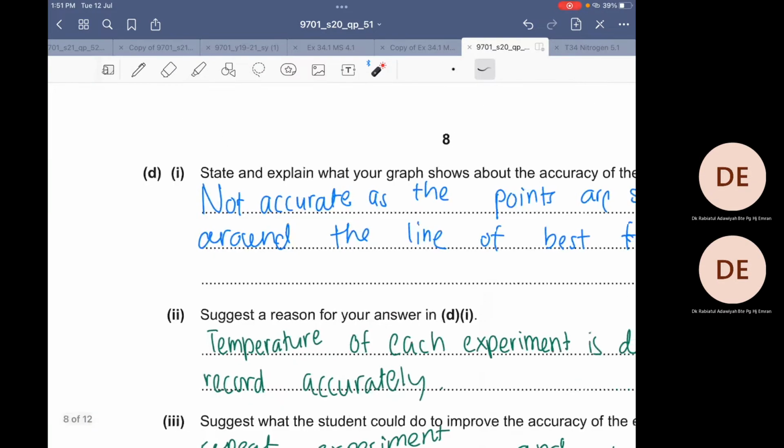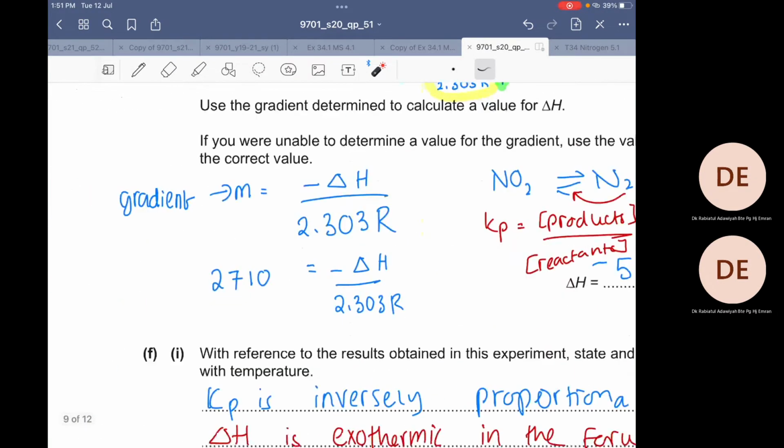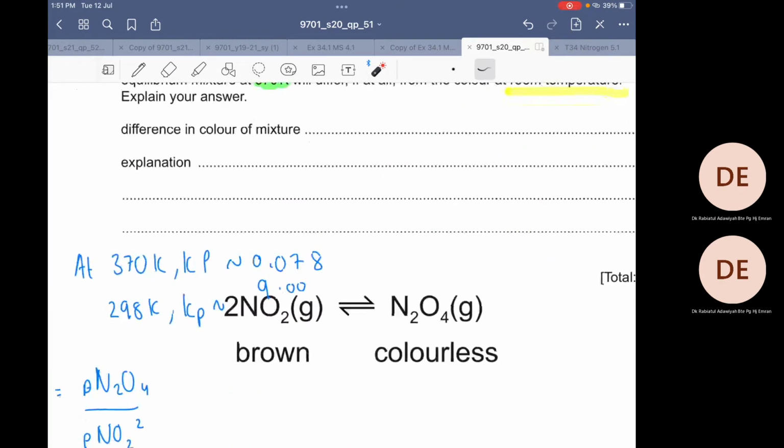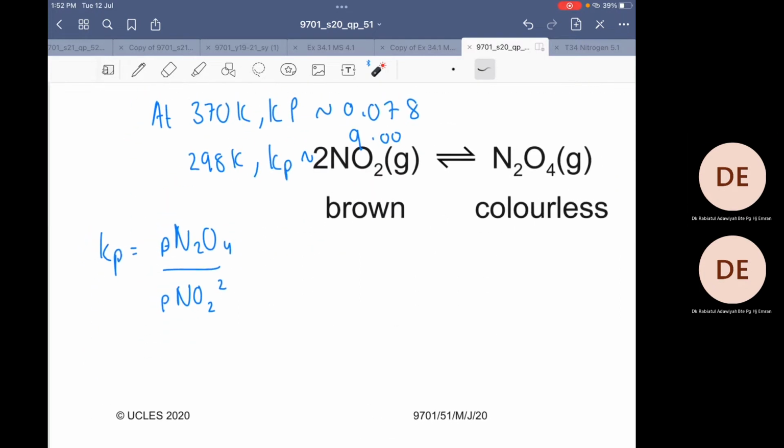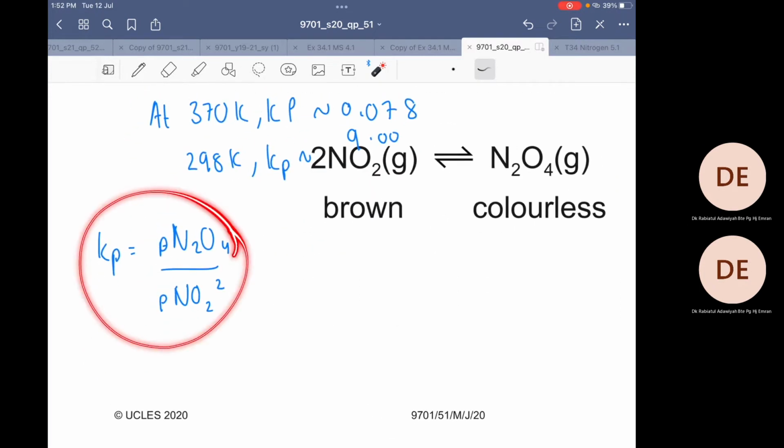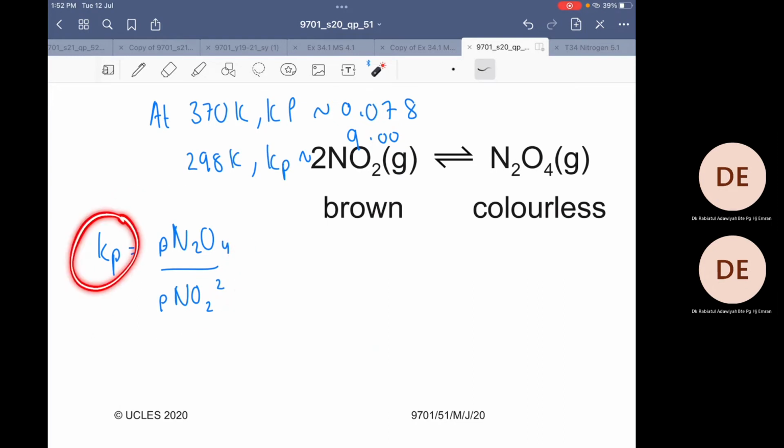Okay, so what happens is that if you look at 370, the Kp is a small number, right? So if you look at the expression of Kp, if it's a small Kp, that means your bottom number, the denominator, is bigger than your upper number.